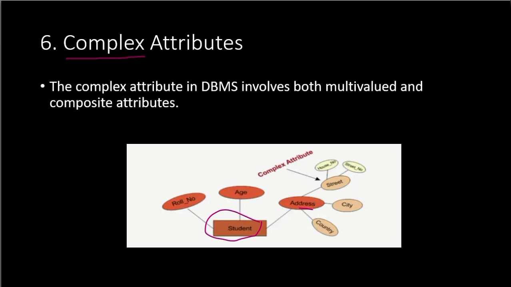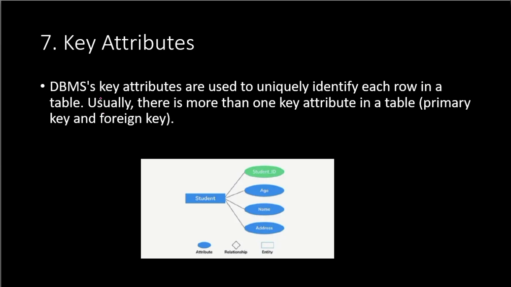And the last one is the key attribute. Key attribute, as the name says, key means it is very important. In databases, key attributes are used to uniquely identify each row in a table, without any duplicate values.